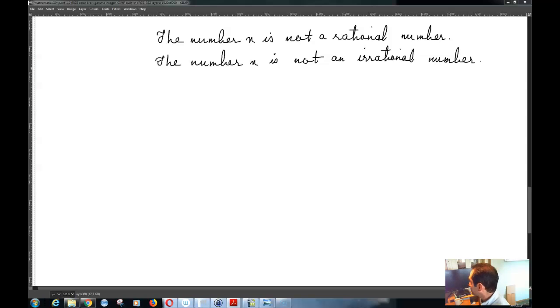So the negation of the first statement is the number x is a rational number, which is the same as the second statement. This is because when a number is not irrational, it is rational. Well, let me see. The number x is not a rational number, so it is an irrational number.